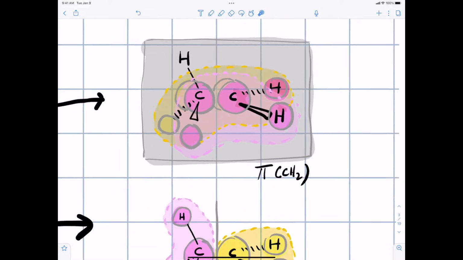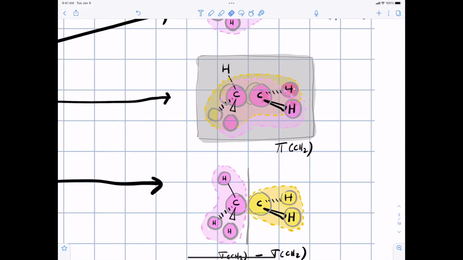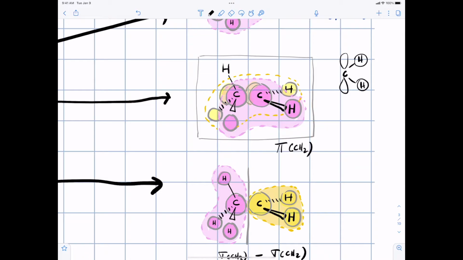Let's just fix that, shall we? P orbital on carbon and s orbitals on the hydrogens with in phase overlap. If we drew the bent CH2 from the side, it would look like this. And because you have sort of side-to-side overlap instead of end-on-end overlap, we call that a pi type orbital.